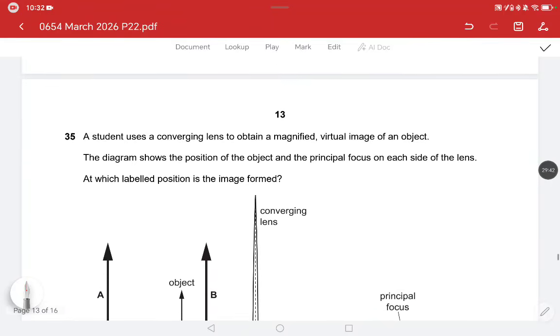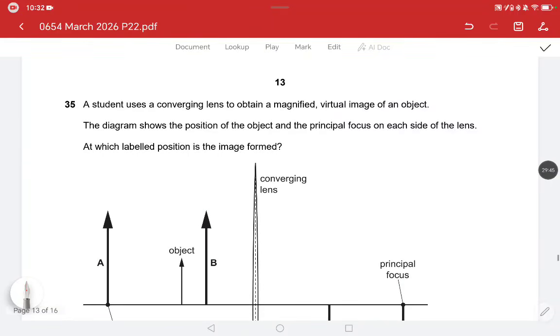Okay. Now 35. And again, please, I remind you to know how to find this.